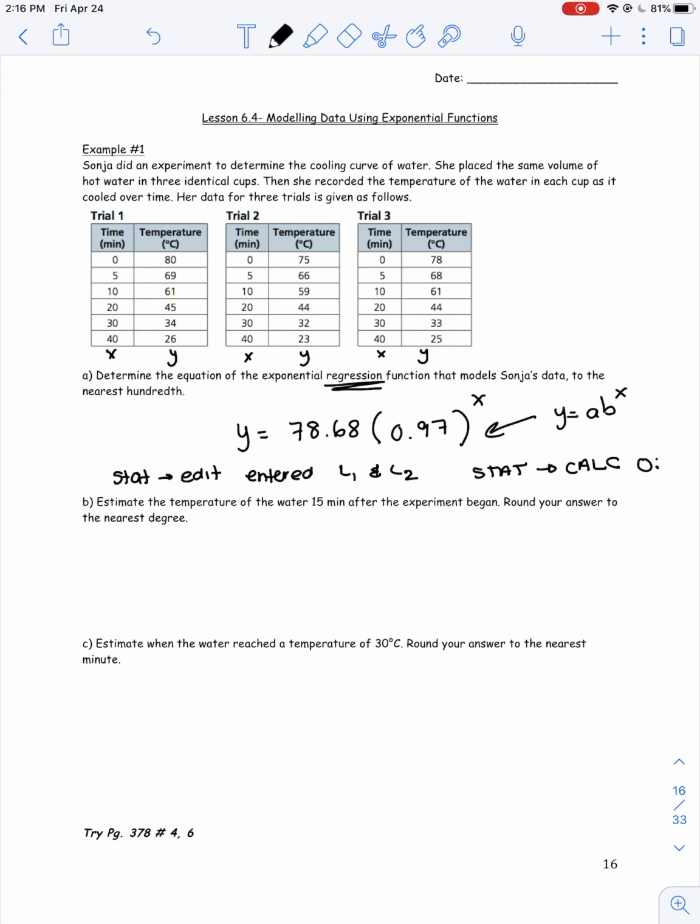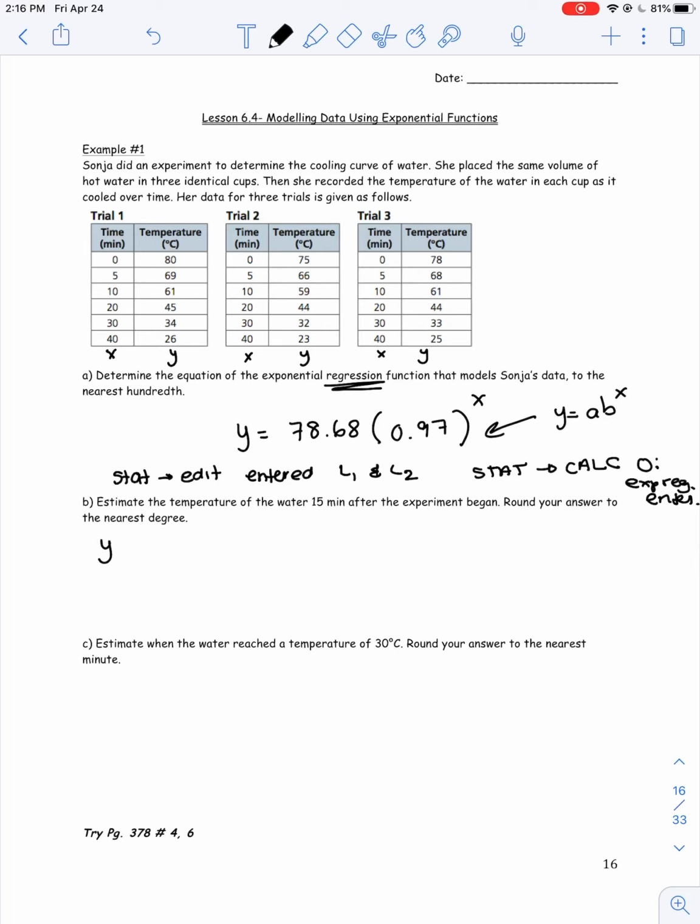So stat calc 0 takes you to EXP regression. So that's what you needed to press. So press stat calc 0, exponential regression, and press enter again. And that should give you the matching numbers that I have.